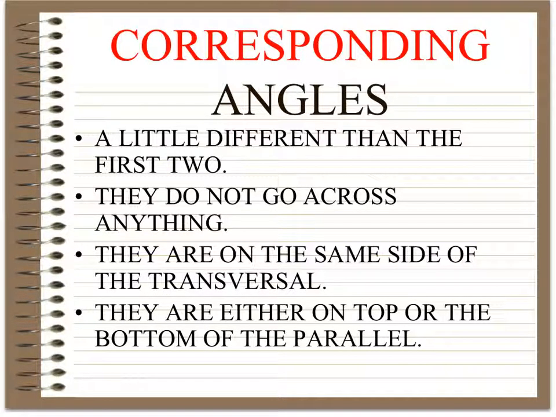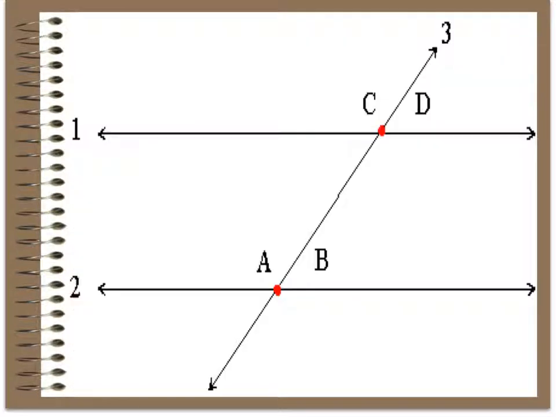The other type of angle we have in here is called a corresponding angle. A little different. They do not go across anything, so they're not going across a transversal. They're on the same side, but they're either going to be on top of the parallel lines or they're going to be on the bottom of the parallel lines. So looking at the diagram, you can see that angle C and angle A are on the same side of the transversal.